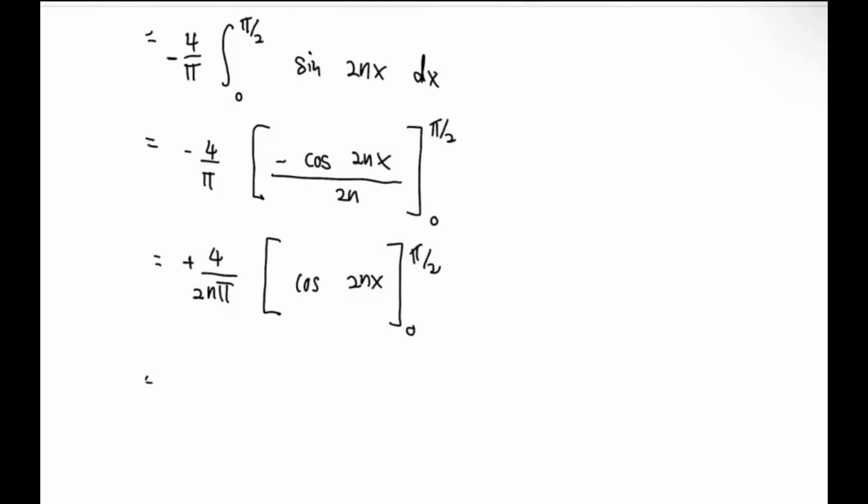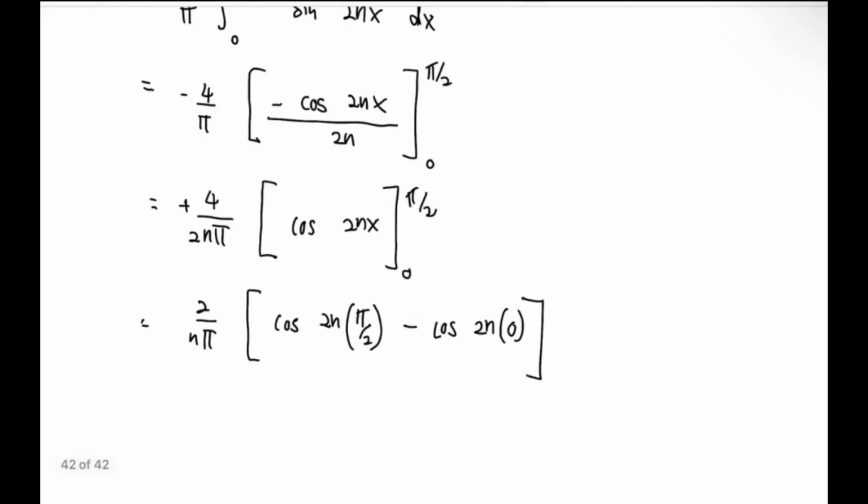So I will have 4 divided by 2 is 2, so 2 over n pi, cos 2n pi over 2 minus cos 2n multiplied by 0.